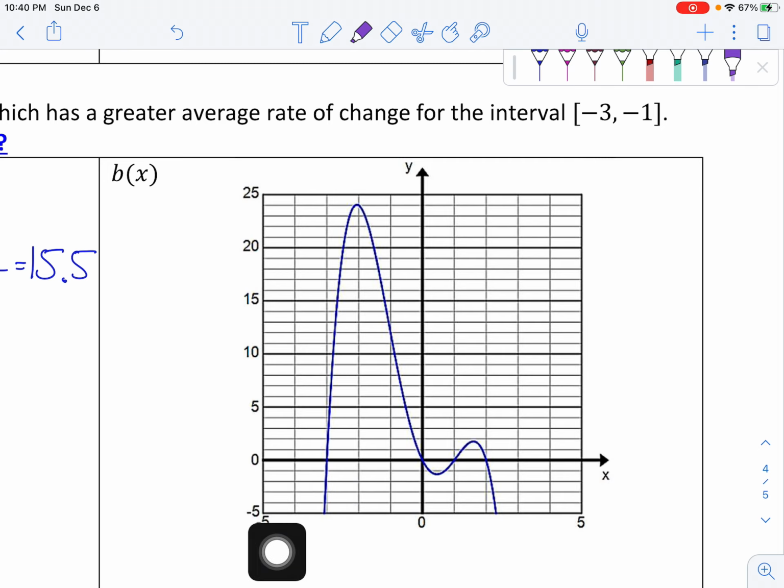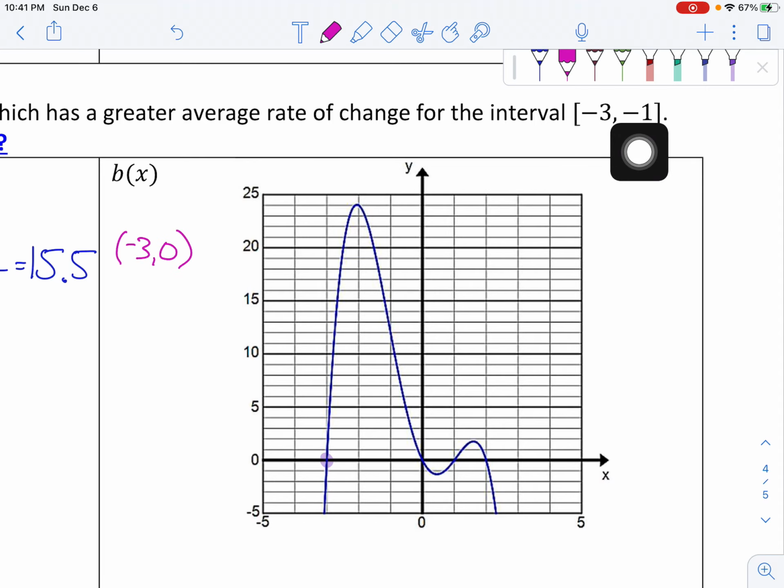On my graph here, if I start at the origin and I count 1, 2, here's -3 right here. And that's actually where the graph crosses the x-axis. So that ordered pair would be -3, 0. Now, if I come over here to -1, here's the origin, so here's 0, here's -1.